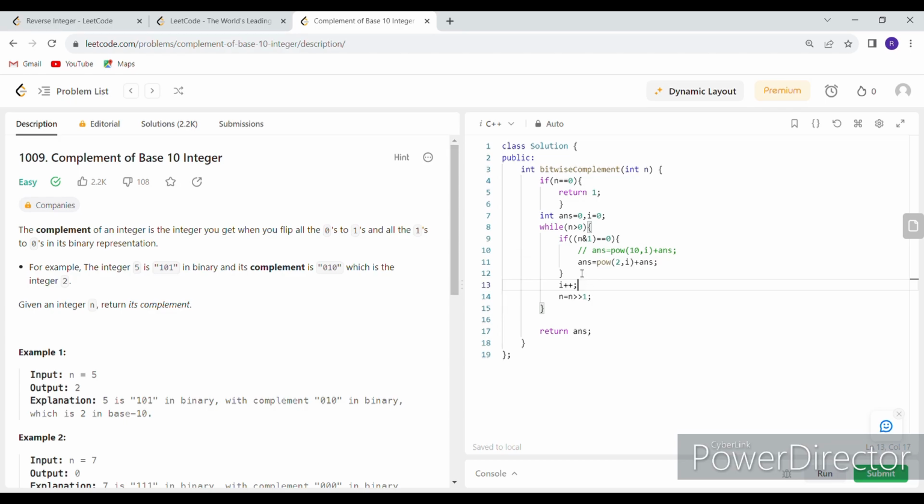And in every iteration we are incrementing the value of I, whether the last bit is 0 or 1, we don't care.